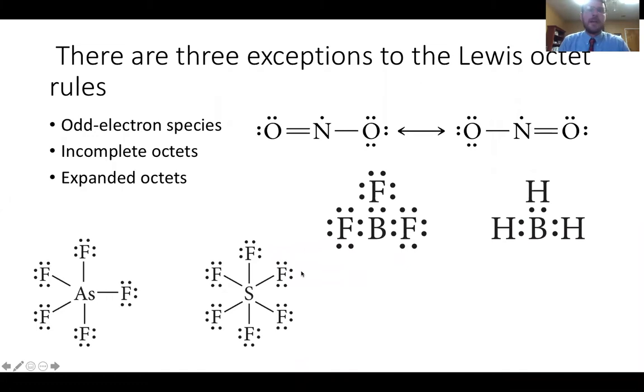Okay, there are exceptions to the Lewis octet rules, right? We need octets, except for if we have odd electron species like NO2, not N2O, but NO2. You can see that lone single electron above the nitrogen in the middle. That is known as a free radical. Free radicals are actually damaging, and they damage our skin and they damage our bodies.